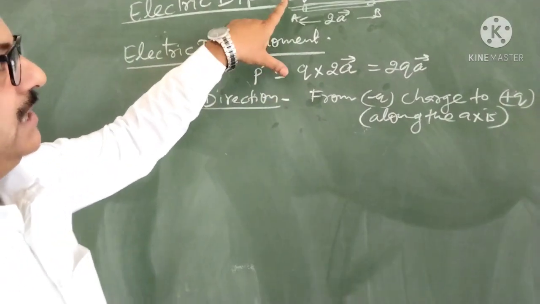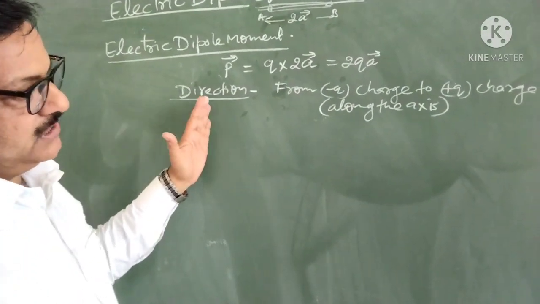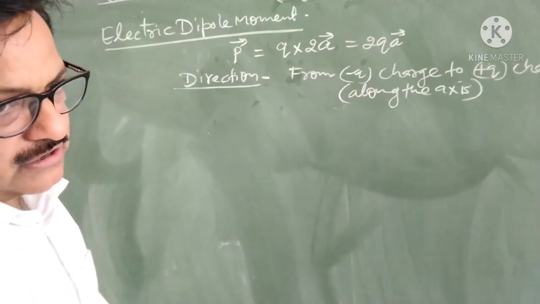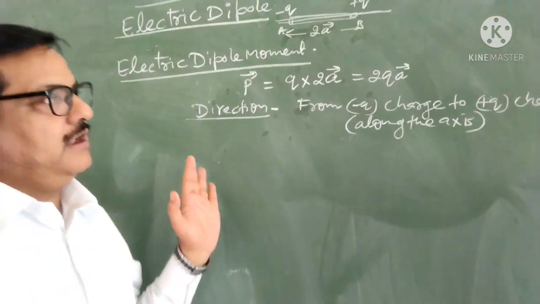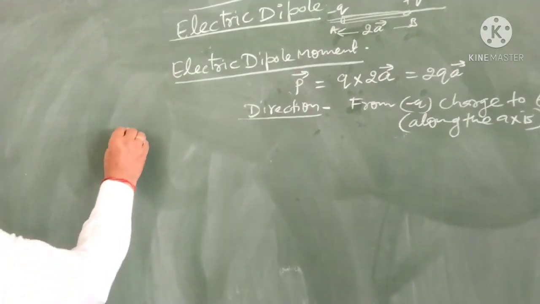Dipole moment, product of charge and separation, direction along the axis from minus q charge to plus q charge. So these are two terms, you should remember it.